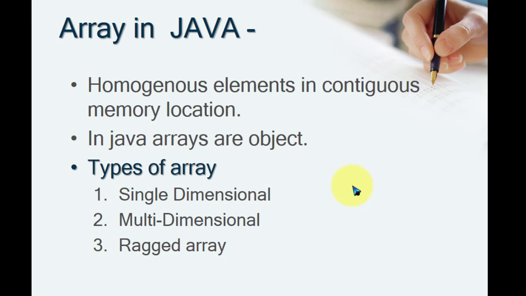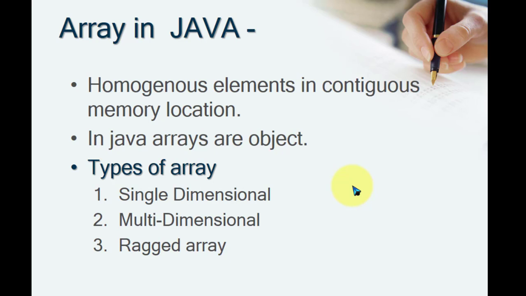It is also a multi-dimensional array, but the special advantage of a ragged array is that for each row you can differ the number of elements. Basically a multi-dimensional array means an array of arrays. In Java, when you define an array of arrays, the number of elements in each individual array can differ.